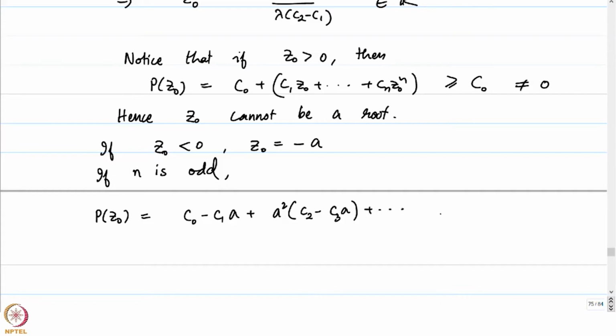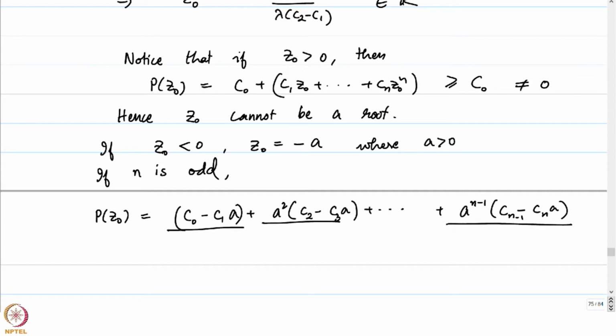And n is odd tells us that the final term will be of this type, a to the power n minus 1 into (c n minus 1 minus c n times a). So remember, a is a positive number. And each of these terms, which I am underlining now, they are all positive, because c0 minus c1 times a is less than 1, remember that, and c1 is less than c0.